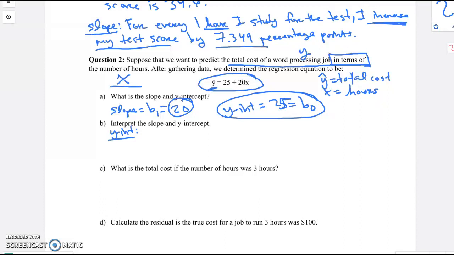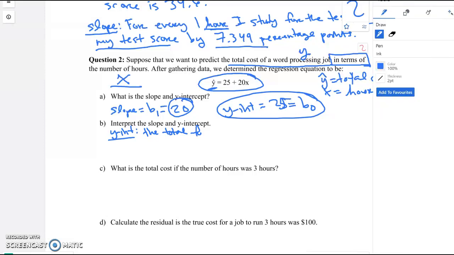Okay, so this just means the total cost for a job that takes 0 hours.